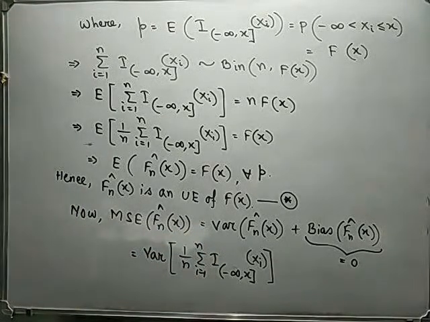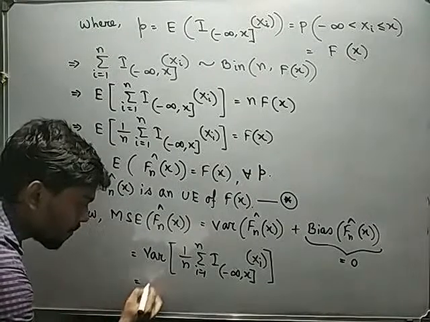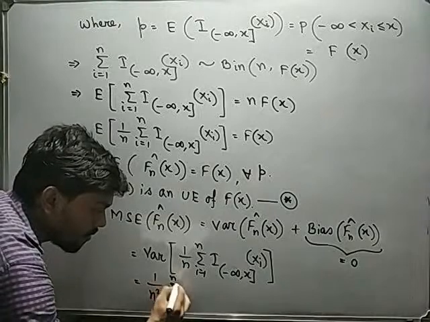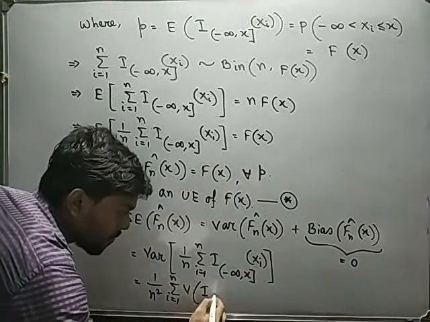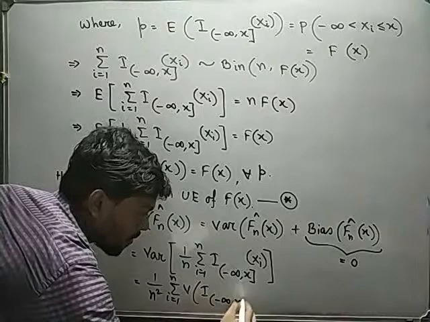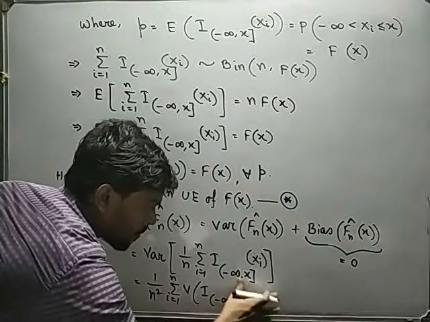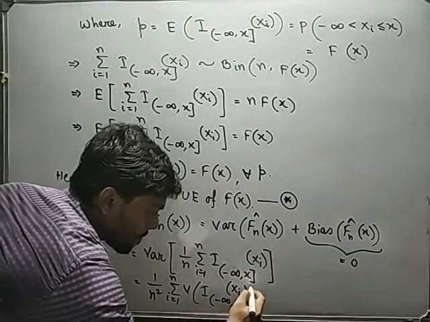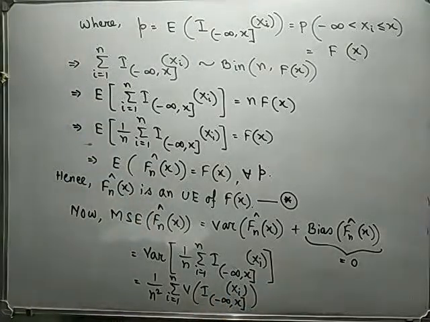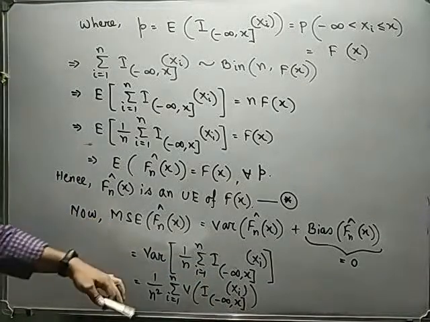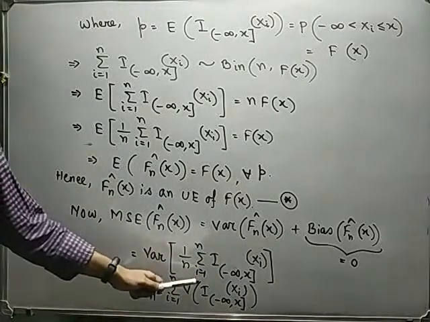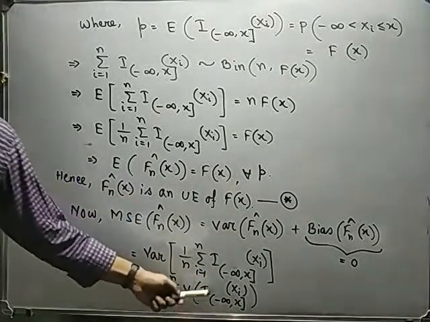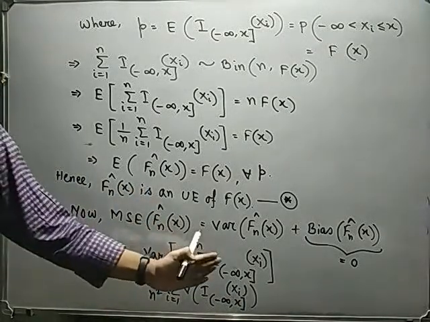So 1/n squared and then the summation of the variance of this quantity. Now we have defined today that the variance of any indicator function is the probability of the set, let's say capital A, times 1 minus the probability of A.